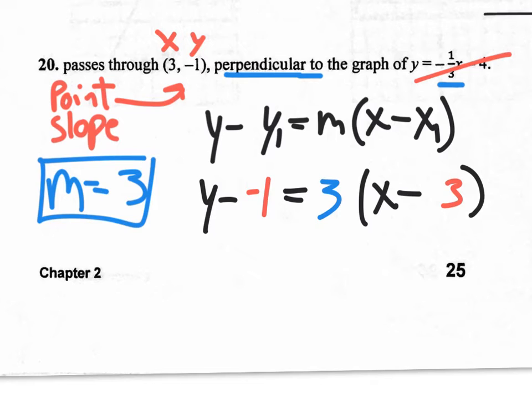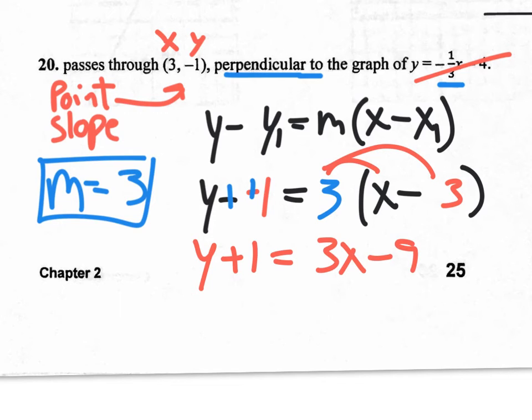Because that's what it asks for, right, on the top of the page? Yeah, slope-intercept form. So let's change it to a plus plus, and let's get rid of the parentheses by distributing the 3. So we really have on the left side y plus 1 equals 3x, if you distribute the 3, minus 9.